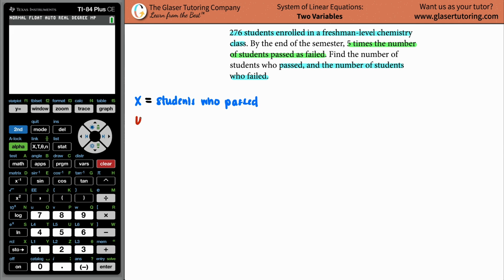And I'm going right for the other letter that is usually used, which is Y. Why? I don't know. That's just the way it goes. It's math. Anyway, so Y equals, if X is the students who pass, Y is the students who fail.